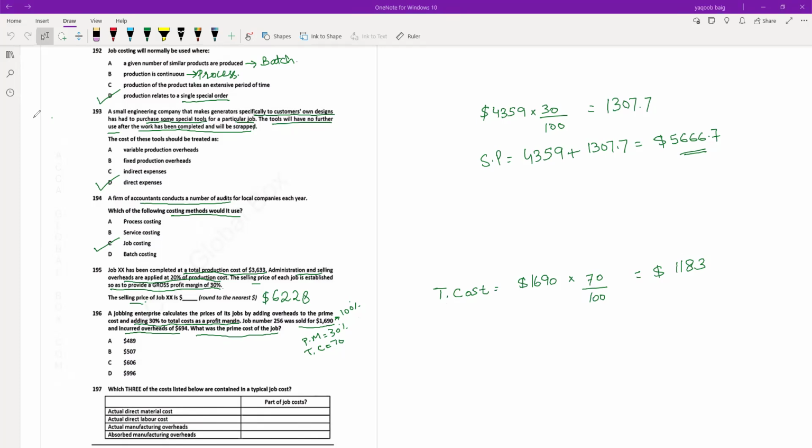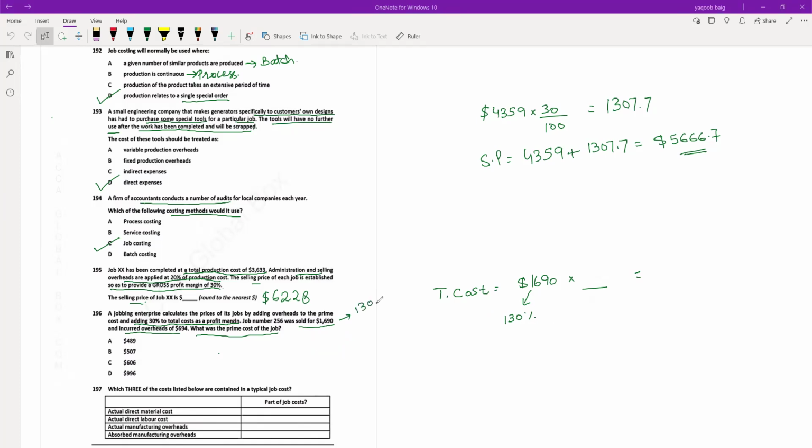Okay, here we will not follow this approach. We will follow the approach that this selling price is representing 130%, because this 30% is not added to the selling price. This is added to the total cost. So this one is representing 130%, not 100%. Profit margin is 30%, but the selling price is 130%.